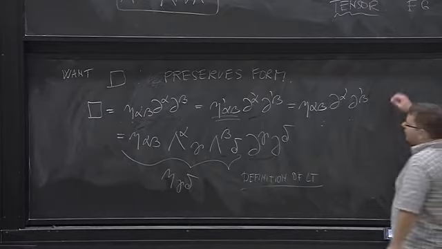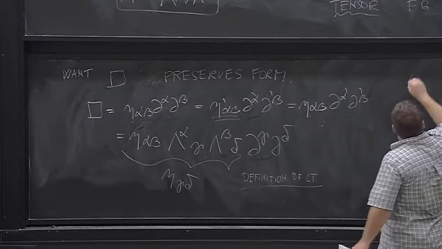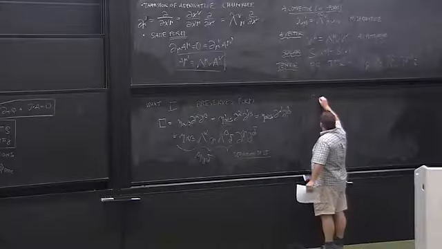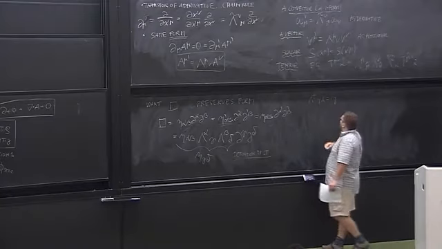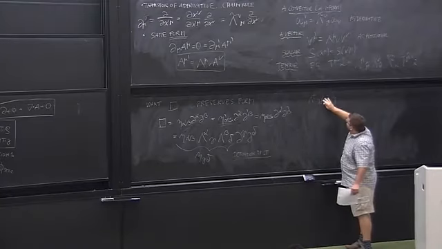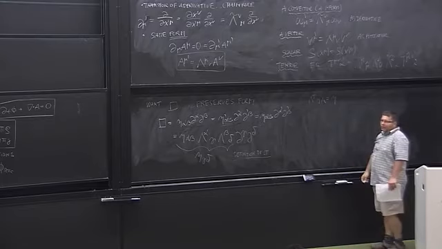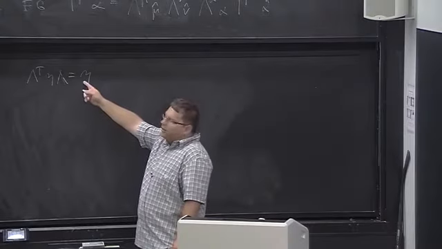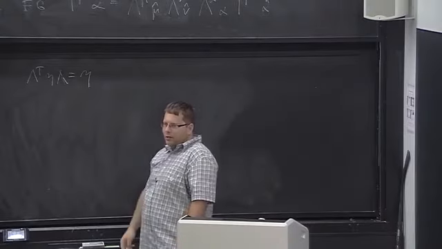By the way, if you take the determinant of this, very schematically you have lambda transpose eta lambda equals eta. The determinant of eta is -1.